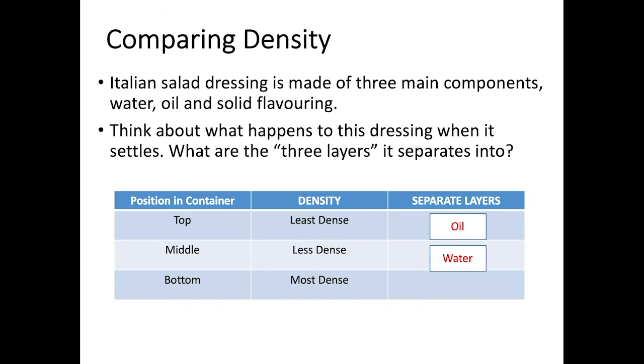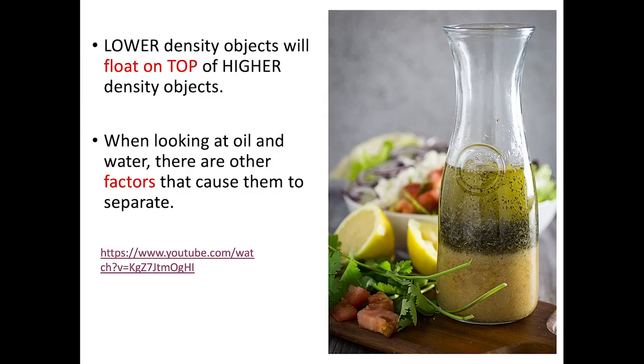It's less dense than the oil, but not as dense as the best part of the salad dressing, the solid flavoring, things like pepper flakes, peppercorn, all of that textural stuff you get in your salad dressing. You can see in this picture of salad dressing, we've got our oil on top, and our flavoring and other ingredients are floating to the bottom.